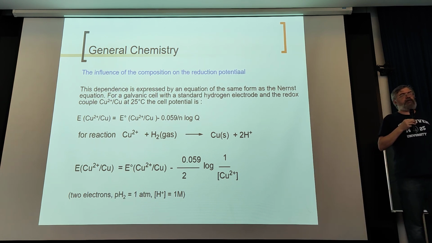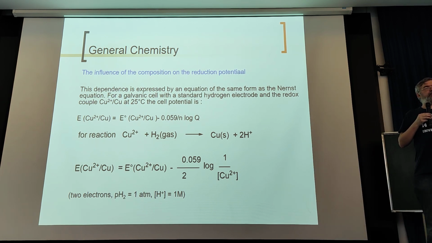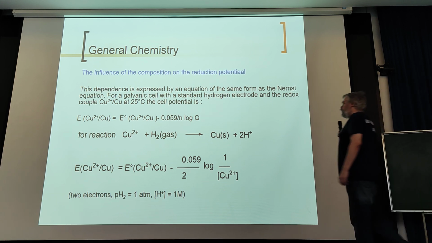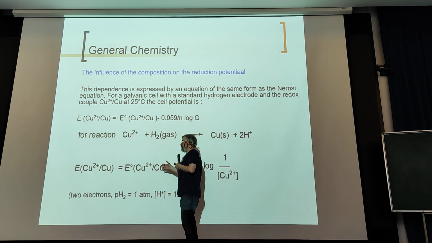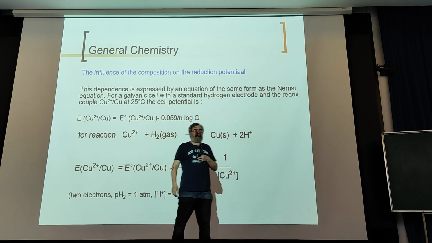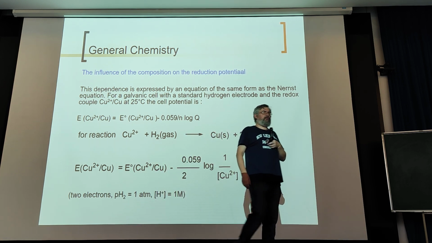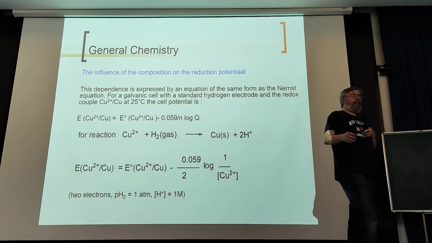So, the potential of such a setup is the potential of copper 2+ to copper. And the difference, of course, is with the standard hydrogen electrode, but we don't have to take the difference because it's 0.